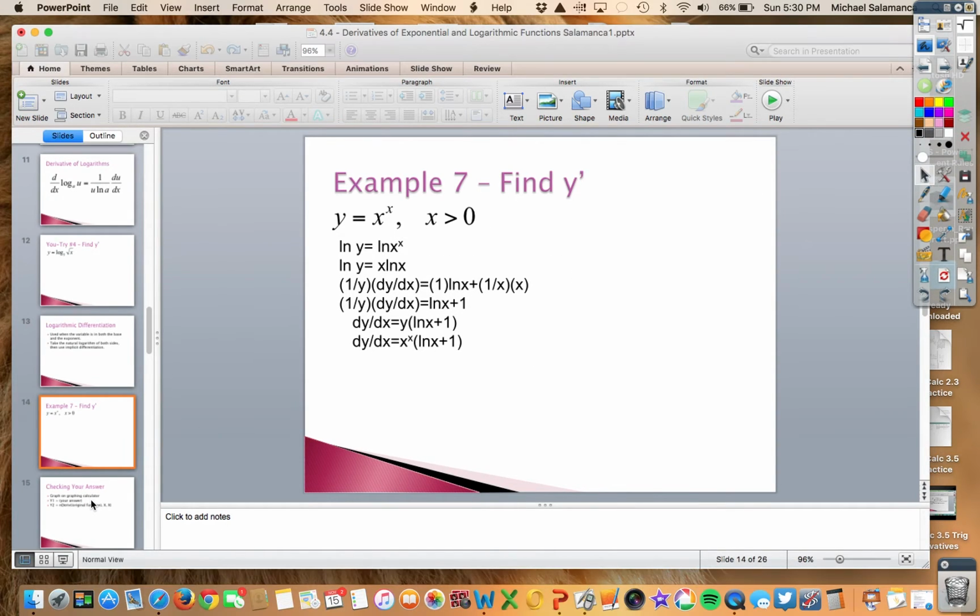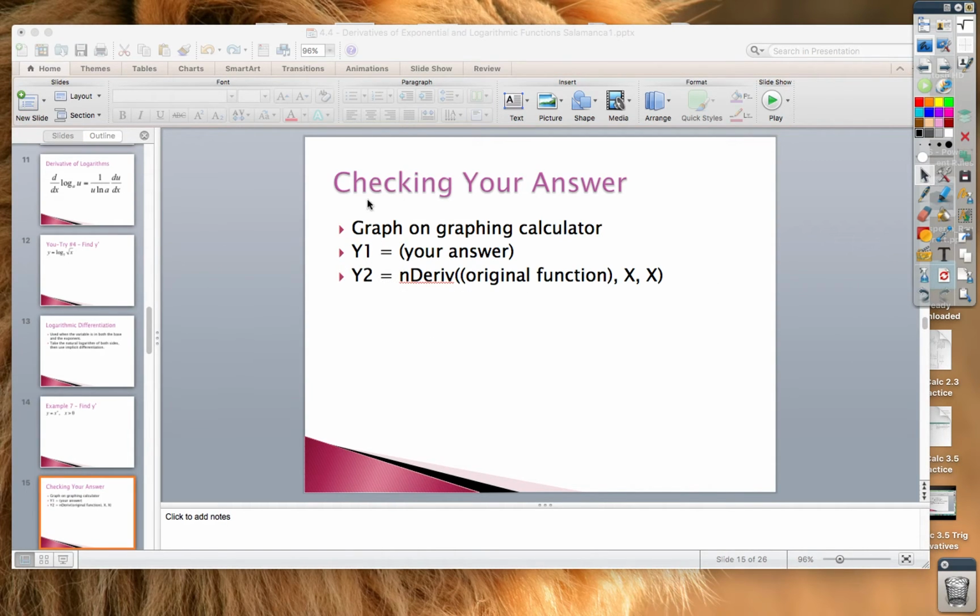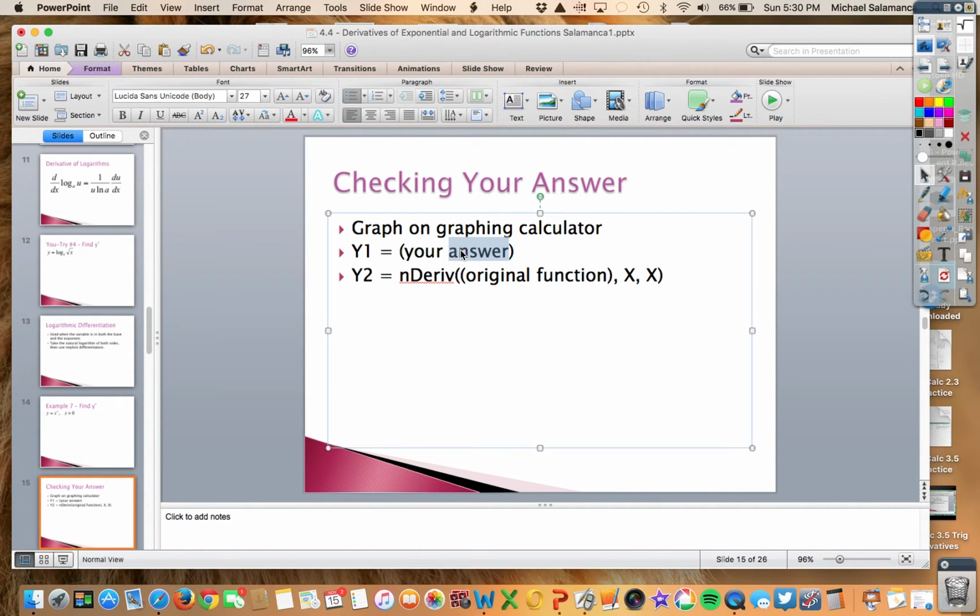So, quick tip for you. If we want to check our answers, another way is to graph it on our calculator. Y1, you'd probably want to put down your own answer, say the derivative of whatever function. And then in Y2, you're going to use the math and nDeriv, which is going to find you the derivative.